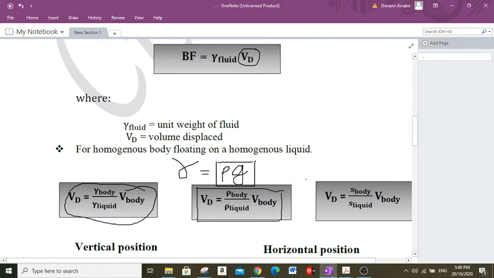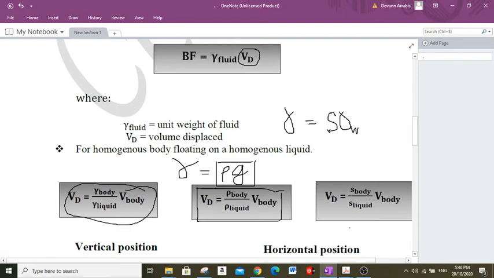Also, since density is equal to specific gravity S times the density of water, gamma is equal to specific gravity times the gamma of water.